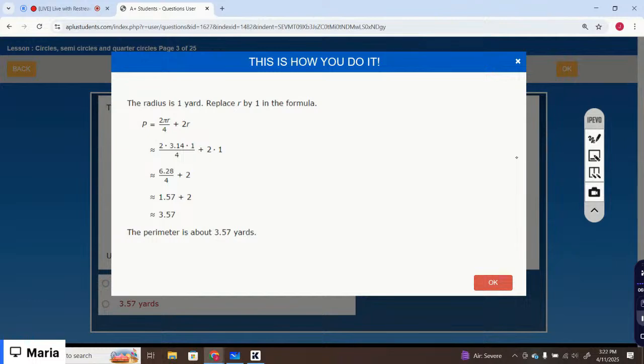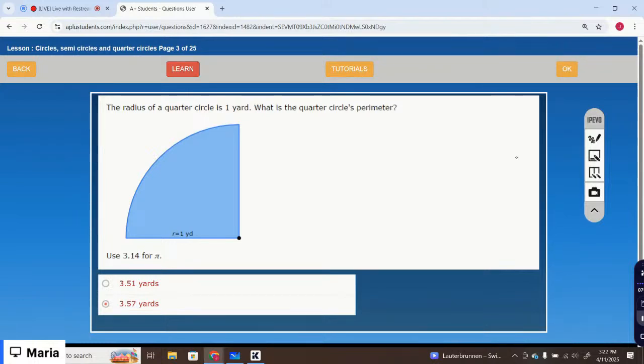So if we are given the value, radius is 1 yard. 2 times 3.14 times 1 over 4 plus 2 times 1. So just do the calculations, then perimeter equals 3.57. That is 3.57 yards. Option number 2 is the correct option.